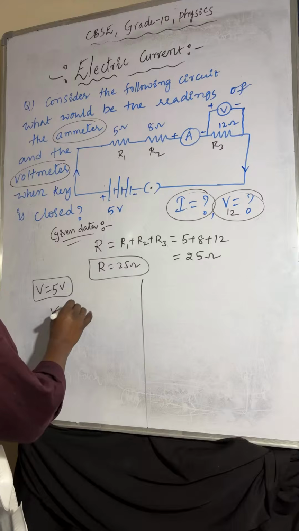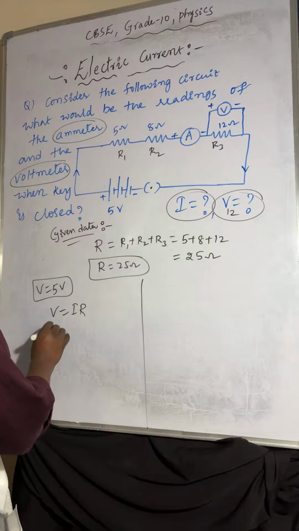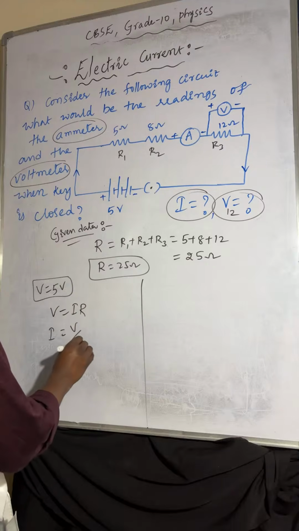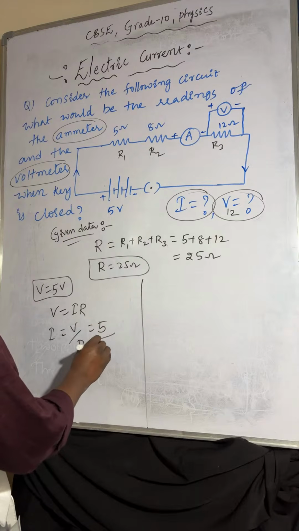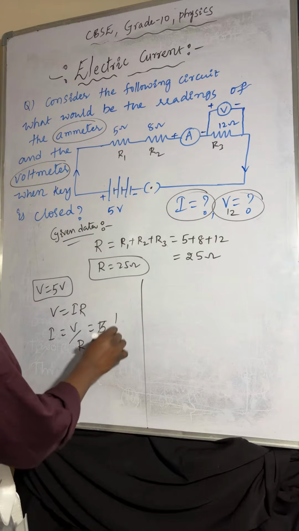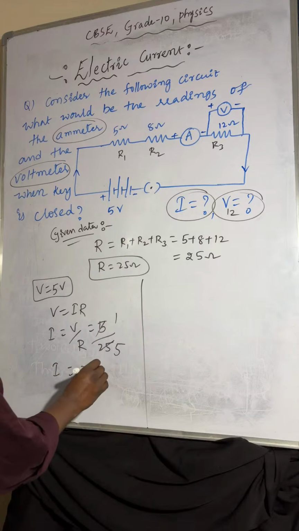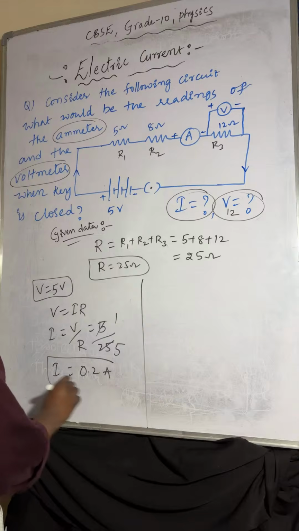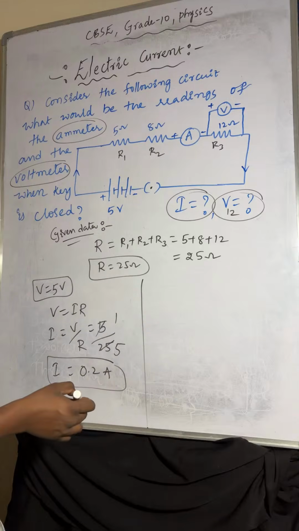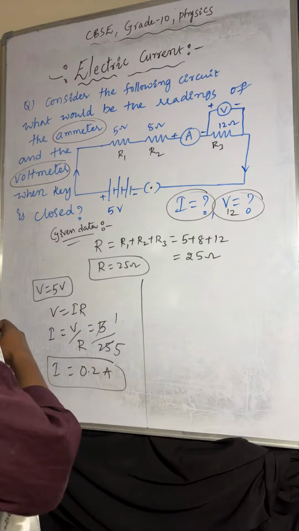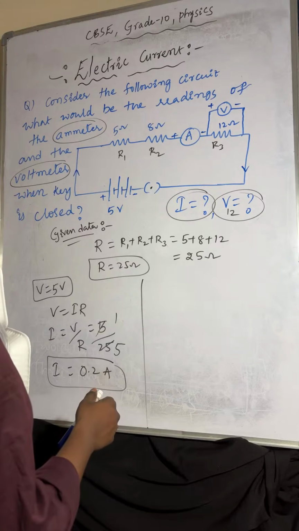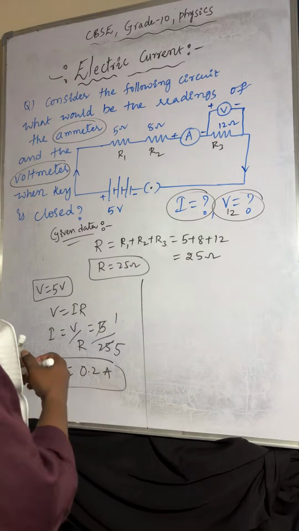So V equals IR, so I equals V by R, 5 by 25. So I equals 0.2 ampere. Is it correct? 0.2, is it correct or not? Let me know. So yes, 0.2 is correct.